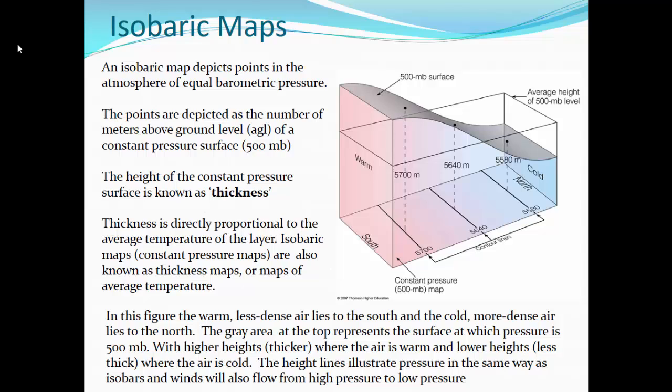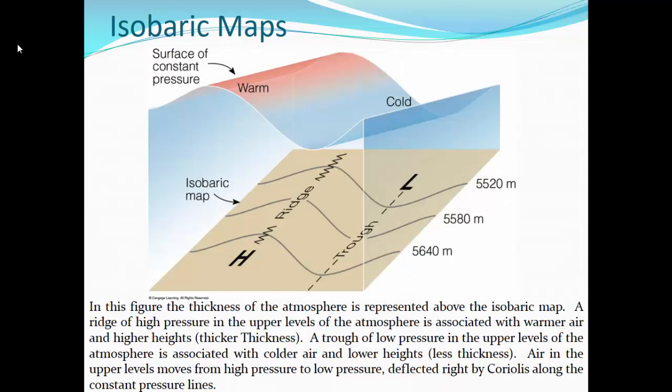So the height lines illustrate pressure in the same way as isobars and winds, and they'll also show how wind will blow from high pressure to low pressure. With higher heights and thicker atmosphere, the air is warm, and lower heights and less thick atmosphere where the air is cold.